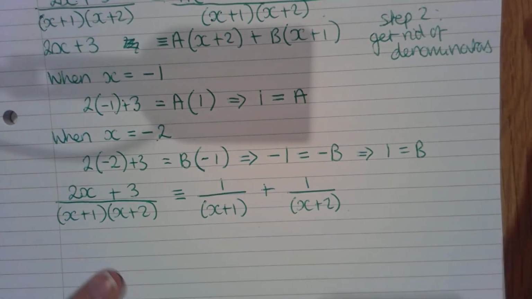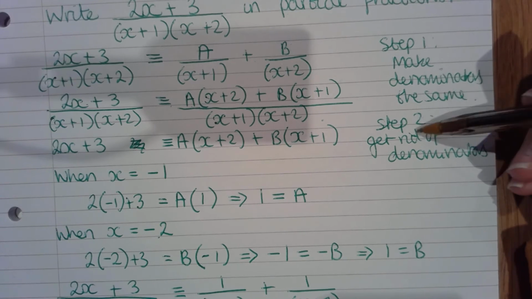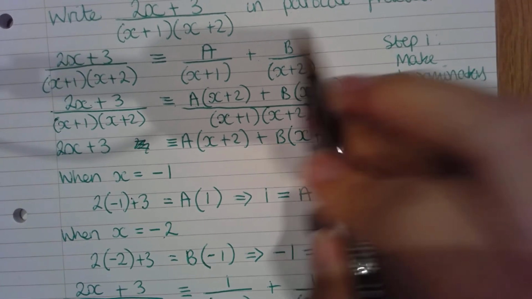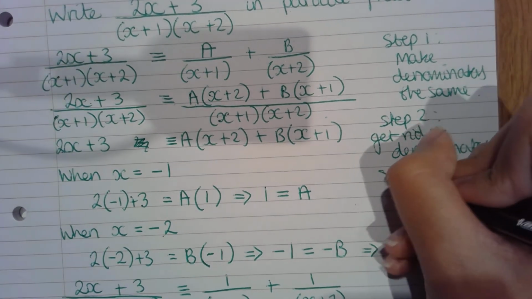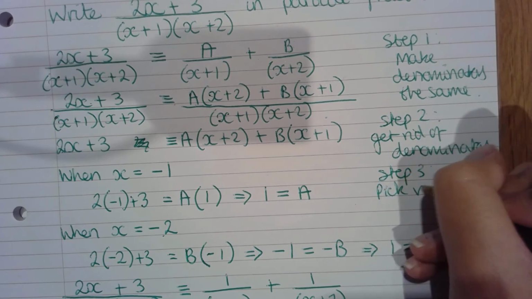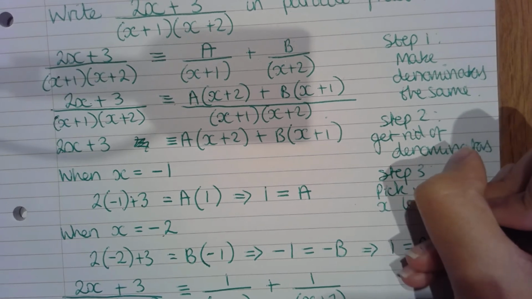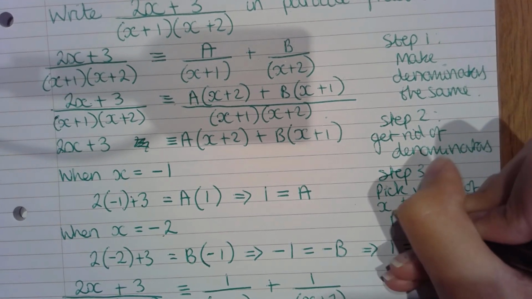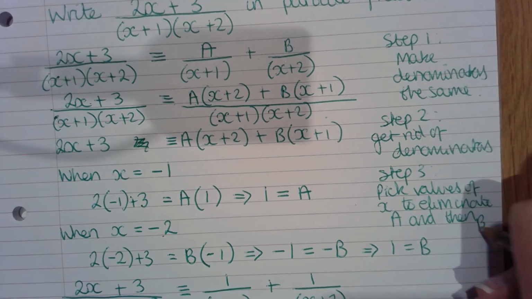So just remember, I didn't manage to write the steps down, but these are the most important ones to remember. Step 1: you make the denominators the same on your algebraic fractions. Step 2 is we get rid of the denominators. Step 3 is to pick values of x to eliminate A and then B, or vice versa.